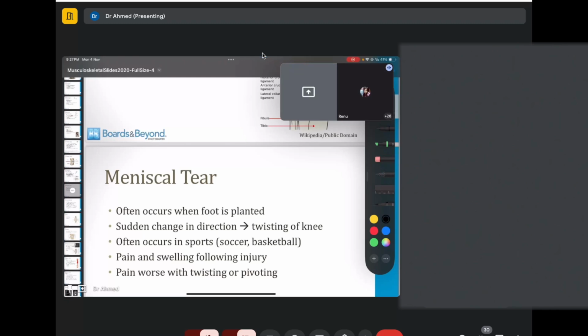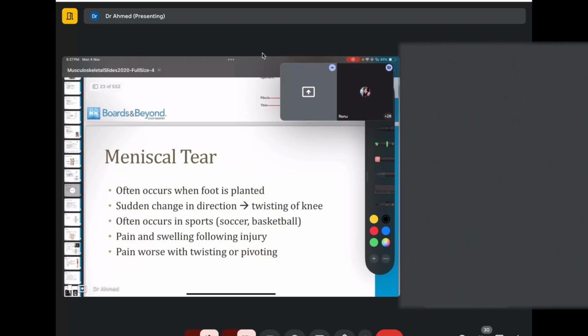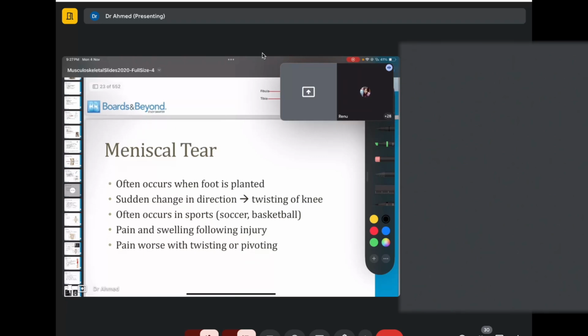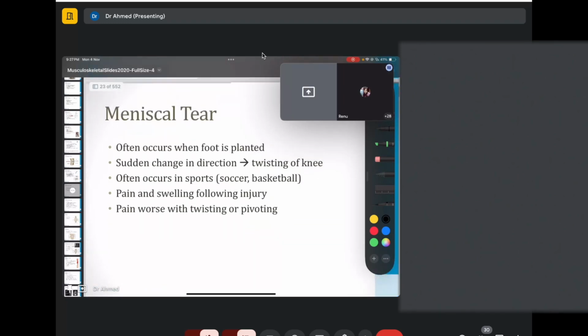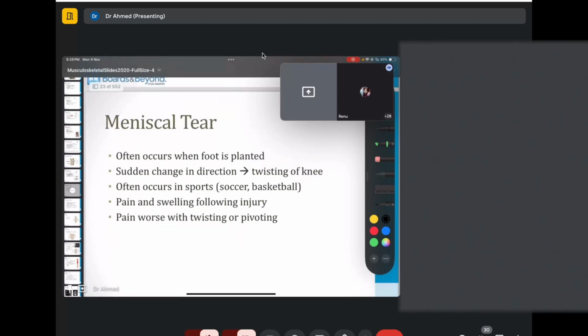Similarly, the PCL, the posterior cruciate ligament, attaches to the posterior tibia, and in the same way for the posterior drawer test, we pull the knee downwards, and if it is pushing more than normal, then it is a positive test. Okay, can you just tell us the conditions or the most commonly injured cruciate ligament?